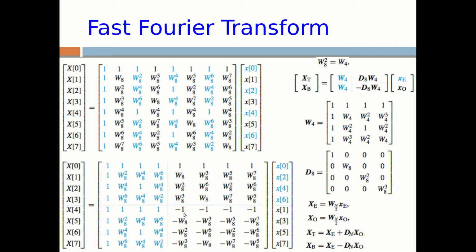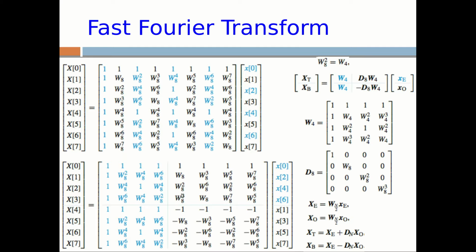If we observe, these values are just like the same ones but with a negative sign. So this overall matrix here can be represented like this in a short form, where W4 is made up of this 4x4 matrix here.